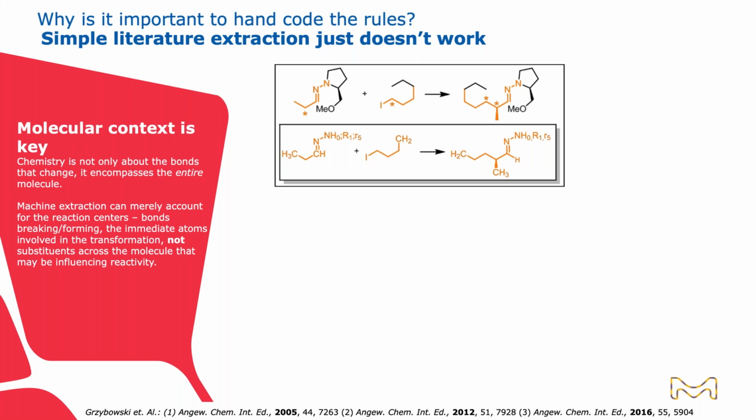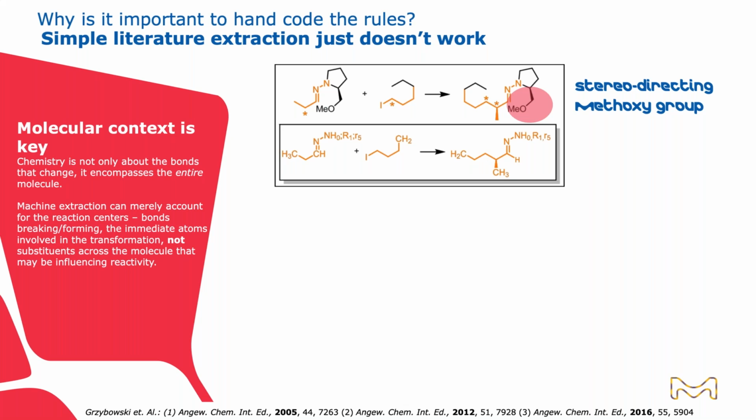So typically with machine extraction, it takes into account the reacting center and about 2 to 3 atoms away from that. And that's everything that I have shown here in yellow. And so what you might notice is missing from the machine extracted rule is actually that stereo-directing methoxy group. Because it's farther away from the reacting center through bonds, it's missed by the machine extracted rule.